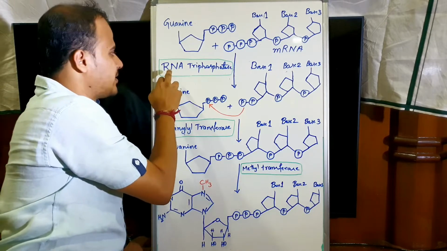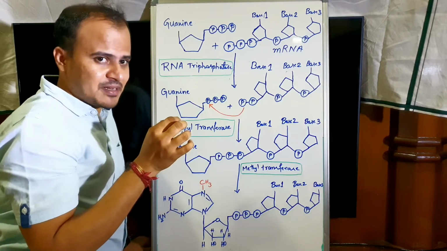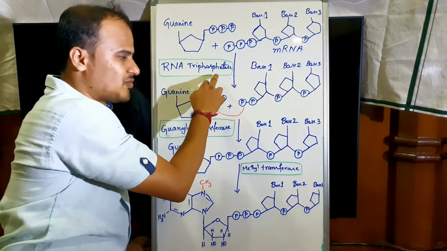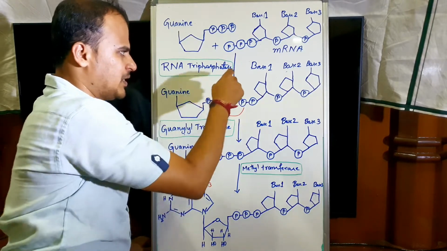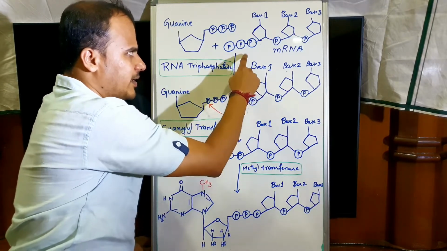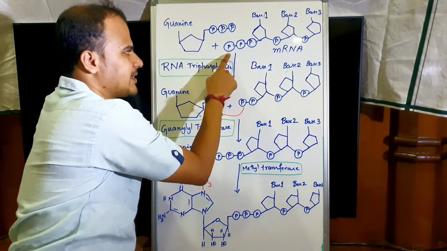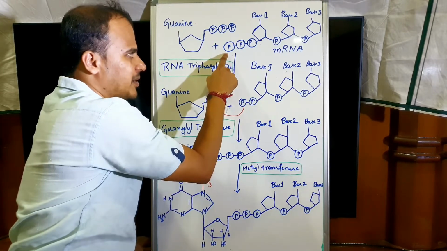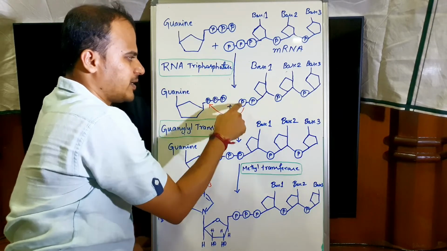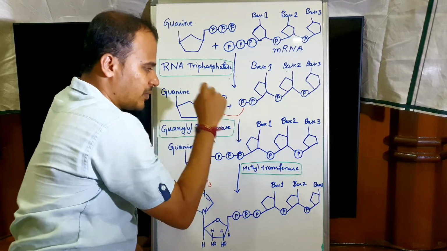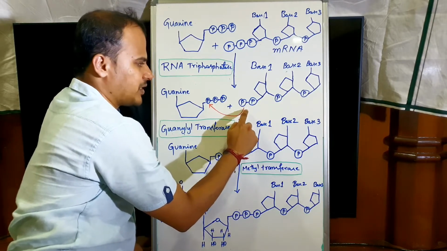The enzyme here is RNA triphosphatase. As the name suggests, it is a phosphatase that removes the phosphate group from the RNA. Here the RNA has the terminal gamma phosphate group, which has been removed. When the RNA is acted upon by RNA triphosphatase, the gamma phosphate is removed and the RNA is left with alpha and beta phosphates.